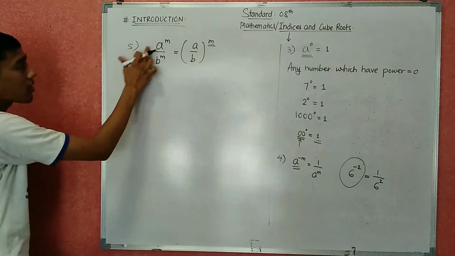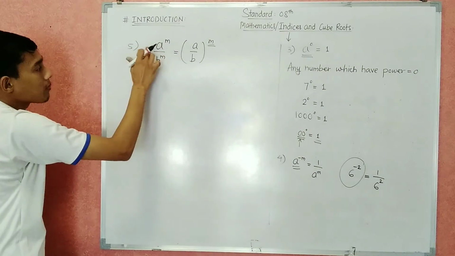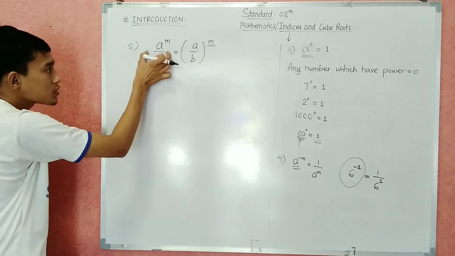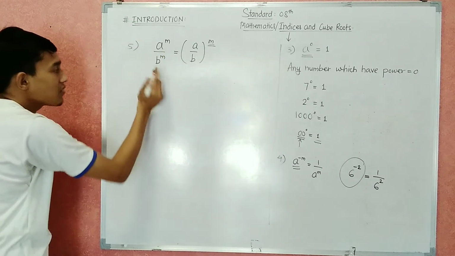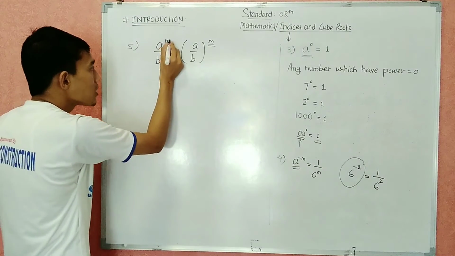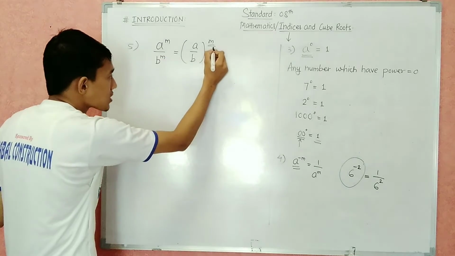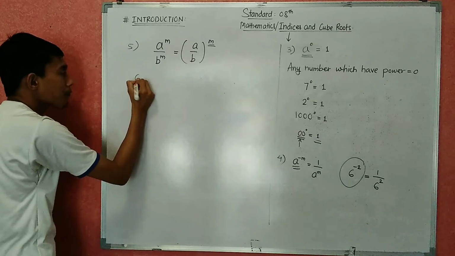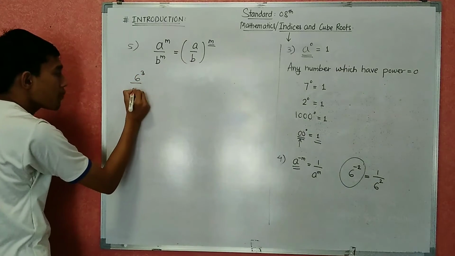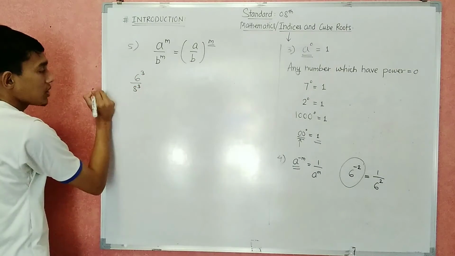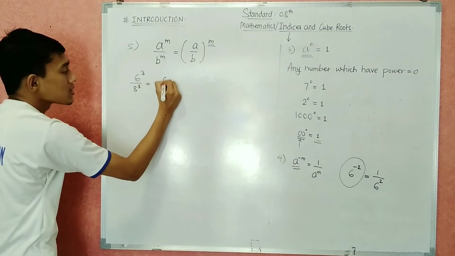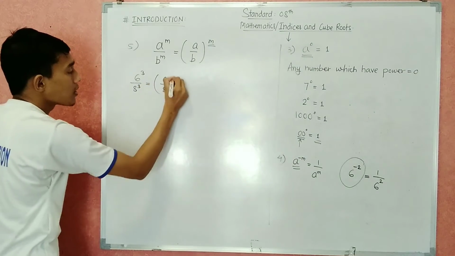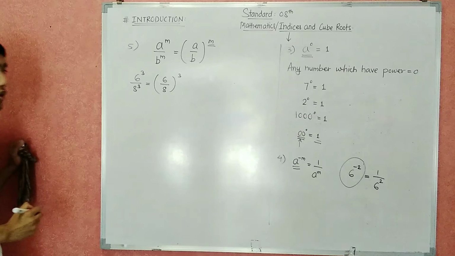So I have written here a upon b raised to m. For example, 6 raised to 3 upon 8 raised to 3, we can write this as 6 upon 8 raised to 3.